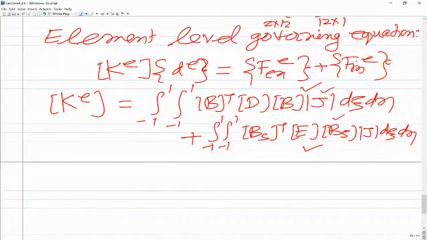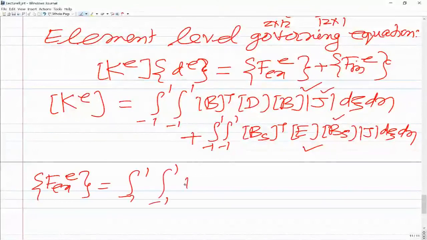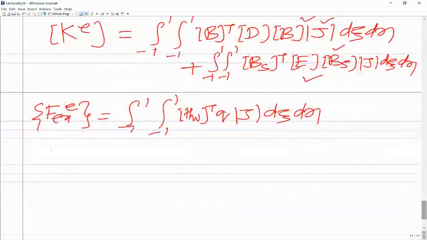Similarly, you could write F external for the element as integration from -1 to +1, integration from -1 to +1, HW transpose into Q into determinant of J into d zeta d eta. And of course, you have to appropriately carry out the boundary integral. So F internal for the element is those boundary integrals, which can also be written in terms of the natural coordinate.